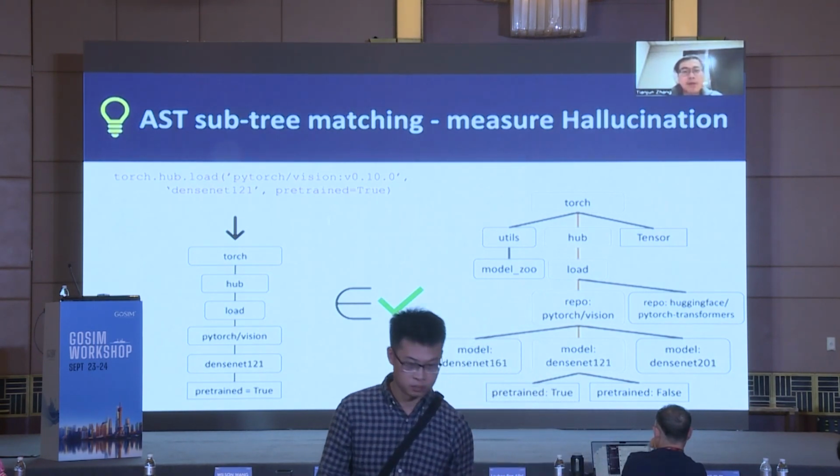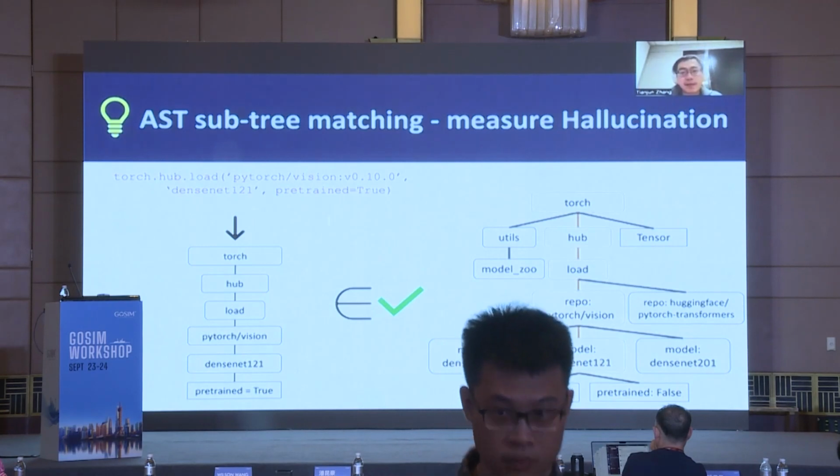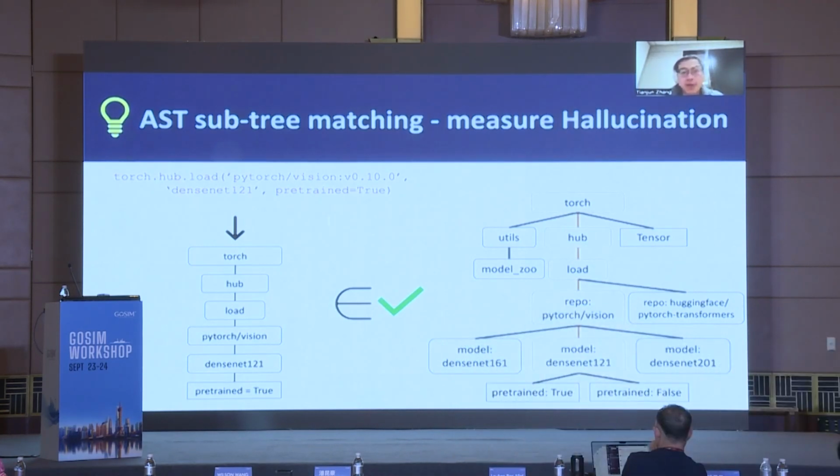And the reason we choose the AST tree instead of string matching is because this tree structure is more tolerant of various additional arguments.